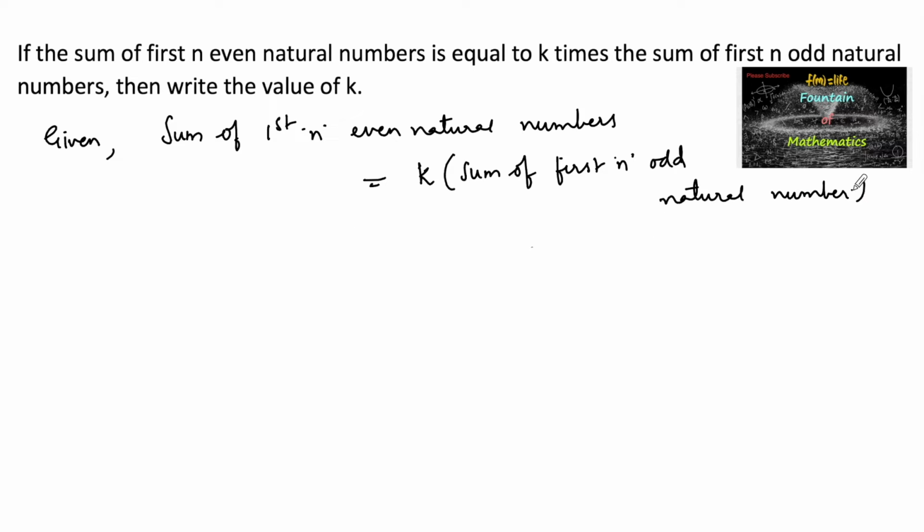So we know that the sum of first n even natural numbers is n into n plus 1, which is equal to k times the sum of first n odd natural numbers, which is n square.